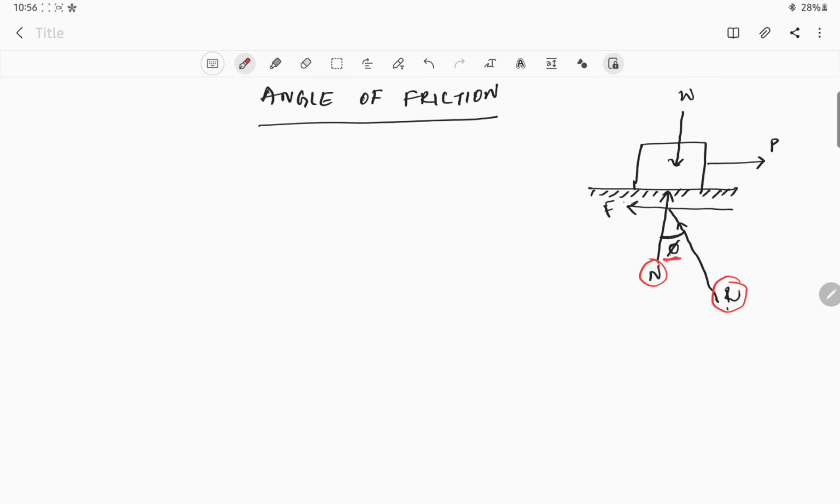This is phi, which is said to be our angle of friction. Okay, so I'll write down the theory here.